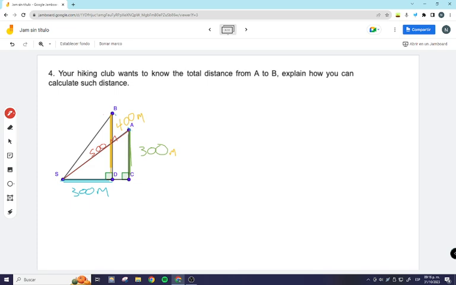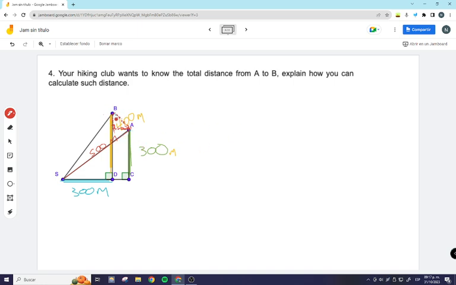So in order to find this distance, what we can do is create an imaginary right angle triangle. Look at this one. Imagine that you make a perpendicular line here and form a right angle, and you are thinking about this small triangle between these two.